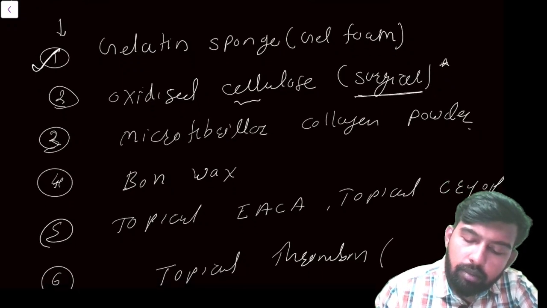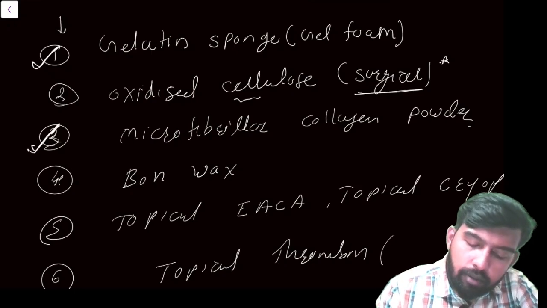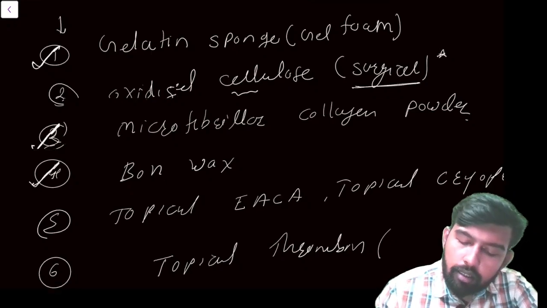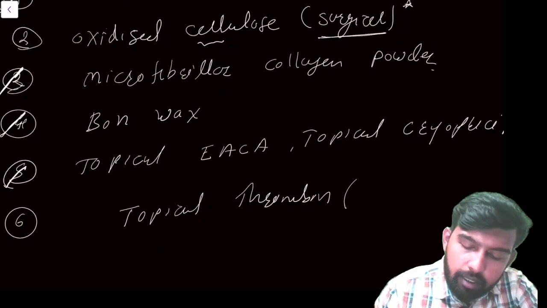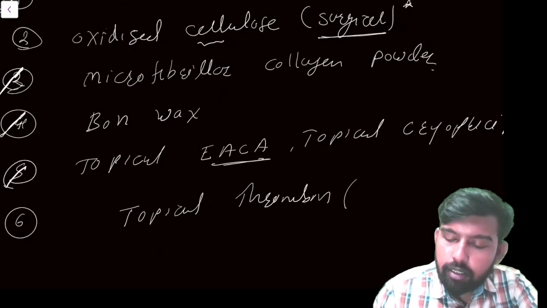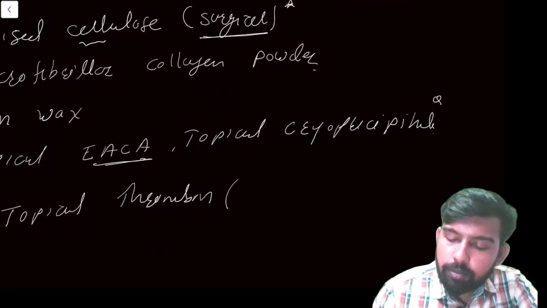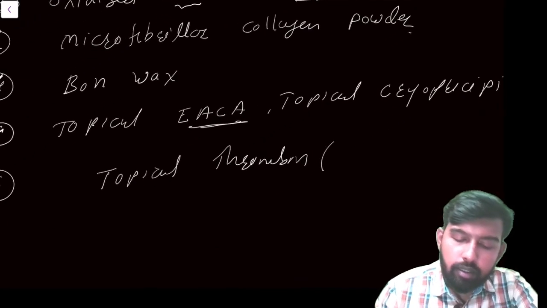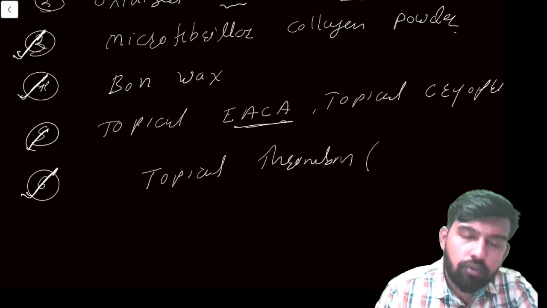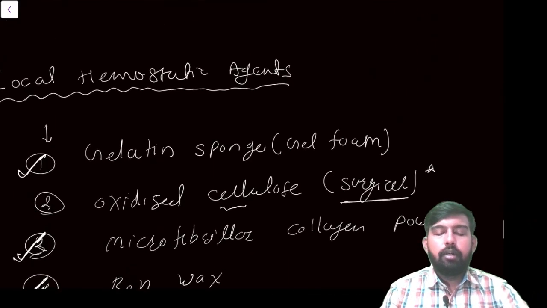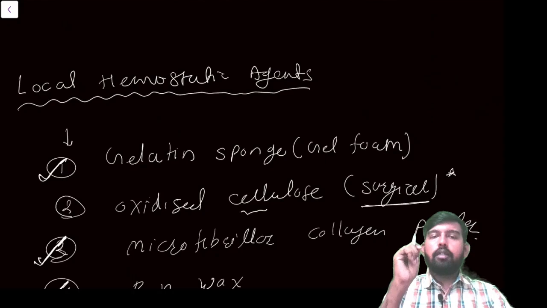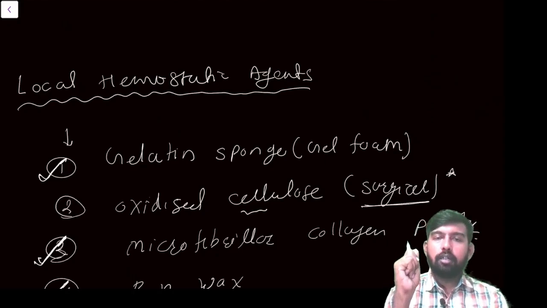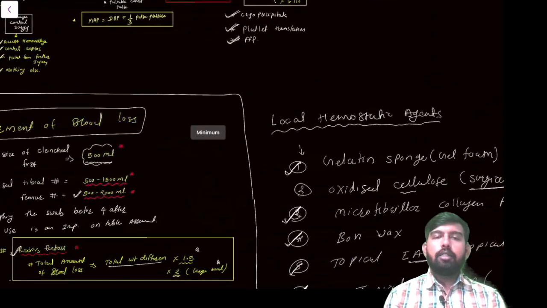Then microfibrillar collagen powders, bone wax, topical EACA, topical cryoprecipitate, and topical thrombin can be used. These are the local hemostatic agents used for hemostasis during surgery. So this is all about hemorrhagic shock.